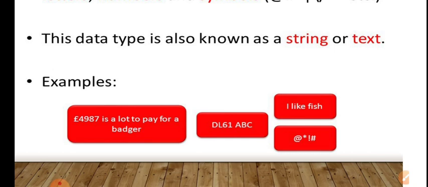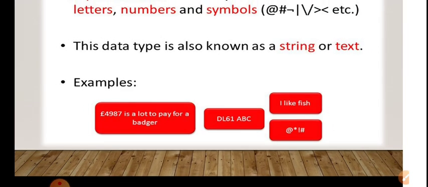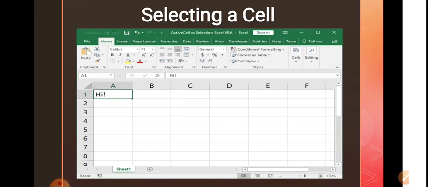So these are the examples. So it is a mix of text and some special characters and some numbers. In the second one it is alphabets and numbers. In the third only text. In the fourth only special characters. So these are the examples of alphanumeric.